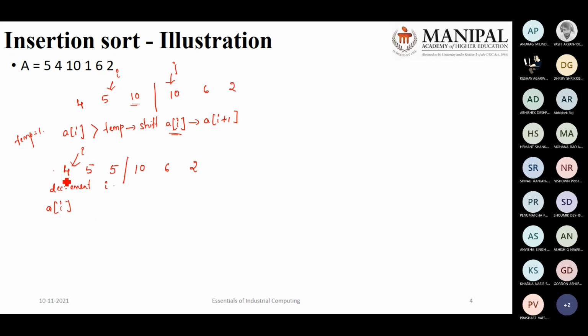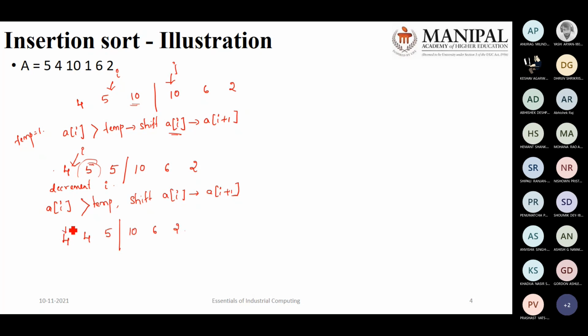So again A of I is 4. 4 is greater than temp because the value of temp is 1. So when A of I is greater than temp, again you need to shift A of I to A of I plus 1. When you do this, 4 is as it is, which is A of I. A of I plus 1 is 5, which will be replaced with the value of 4, and the remaining elements are as it is.